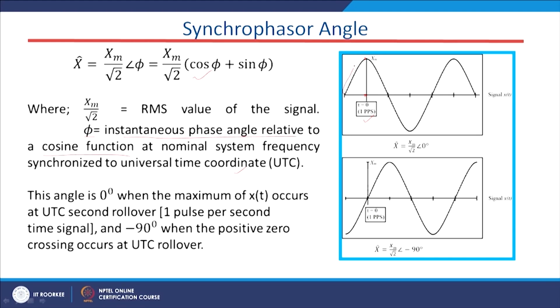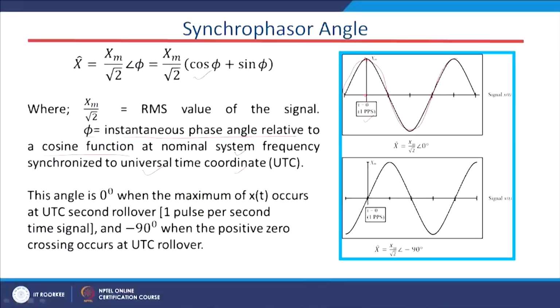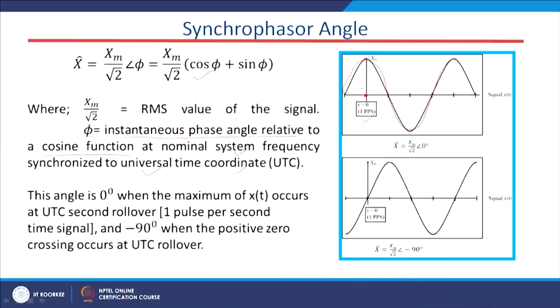This is our cosine function at the nominal system frequency, that is our 50 hertz signal frequency, synchronized to the Universal Time Coordinated. This is important. So, if I get the 1 pulse per second from the GPS system, and it is at t equal to 0 at the peak value, then in that case my phi is equal to 0, because it starts from 0.